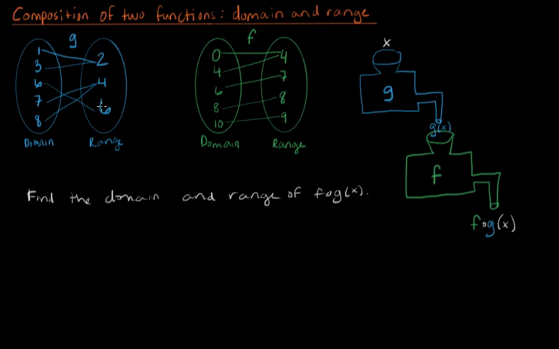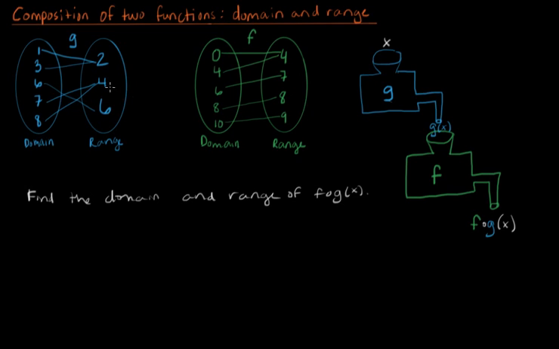Now, whatever those outputs are, we want to see what happens to those when we put them in the f function. So the first thing I need to look for is I need to see if there are range values in g that are going to work in f.